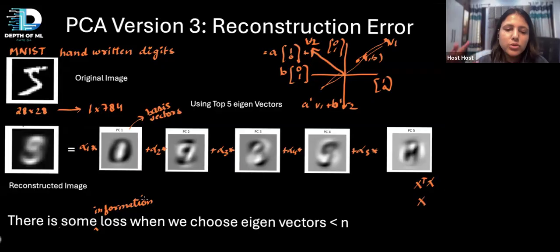There is some information loss whenever we are choosing eigenvectors or principal components less than n. n was the total number of features we had. We chose some k principal components, and k is less than n. If k is much less than n, then the loss is much higher.